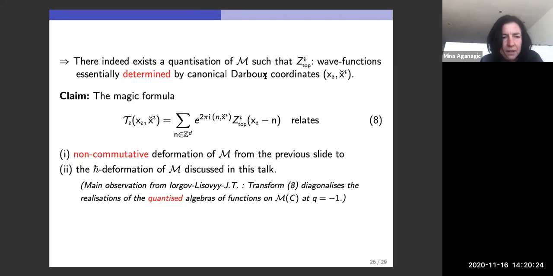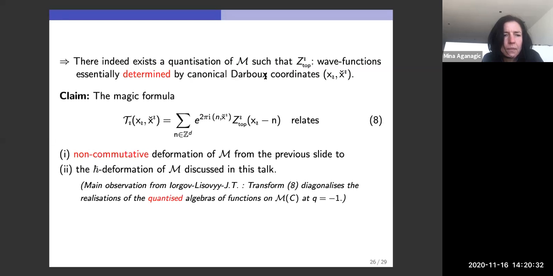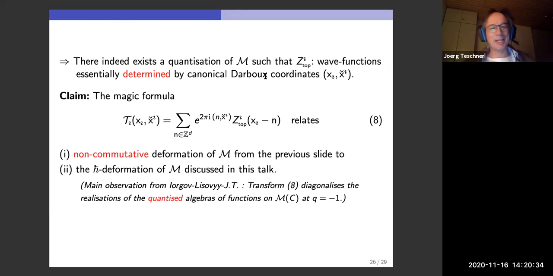I'm focusing on a certain aspect which I think is the most important, which is the importance of these natural geometric structures, which seem to be underlying the whole story.